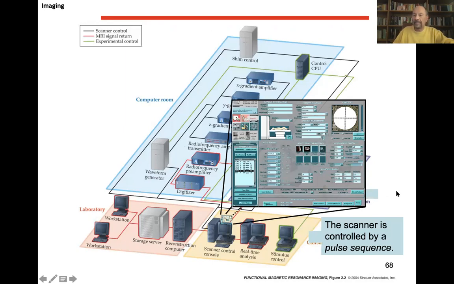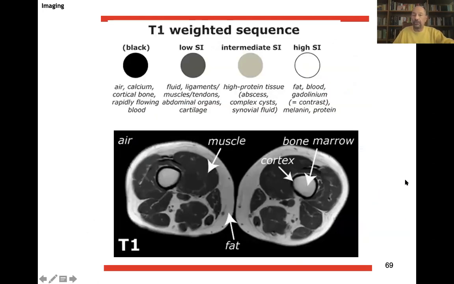And that's how you control the scanner by pulse sequence, where essentially you give the radio frequency pulse, you take the image, and then you move the patient to go on in the image acquisition. So for the T1 weighted sequence, T1, if you remember, is the one along the field.